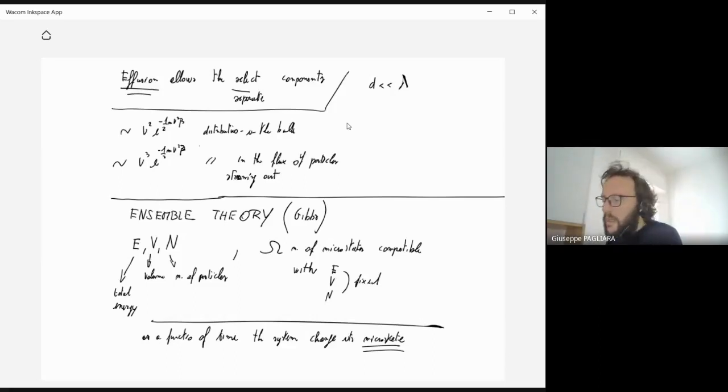It will be clear in a moment what a microstate is, but in principle you can change it as a function of time. And suppose that F is an observable.